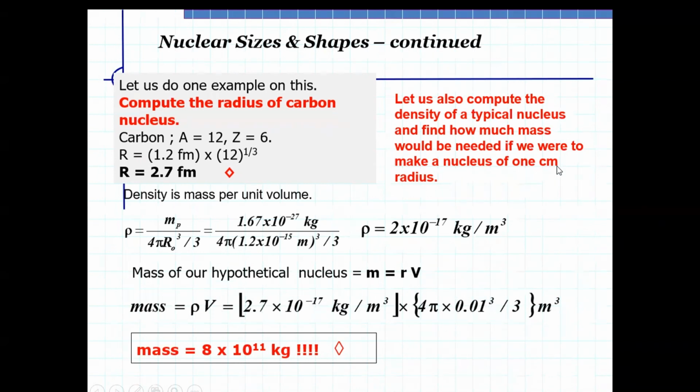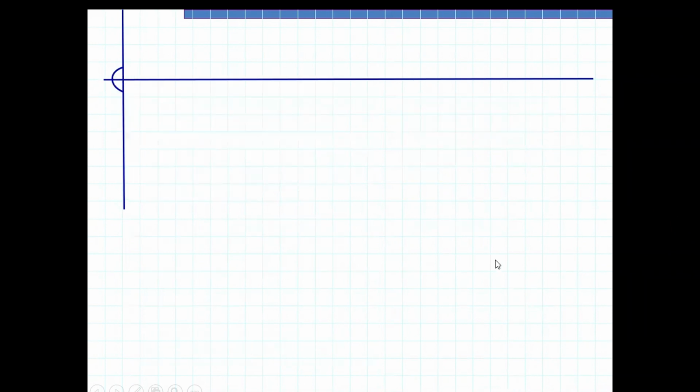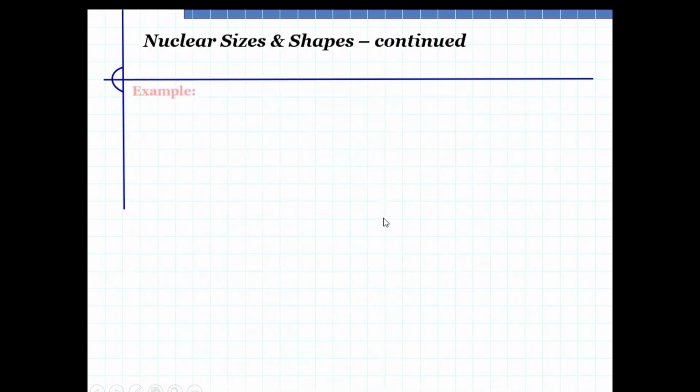This we get from 1 centimeter radius, so in meters, this is 0.01 cubed. So 1 centimeter radius has this much volume. We multiply it with this, we get the answer 8 into 10 to the power 11 kg. So very large mass. You must remember that this density is not small. It is a very high density that the nucleus has.